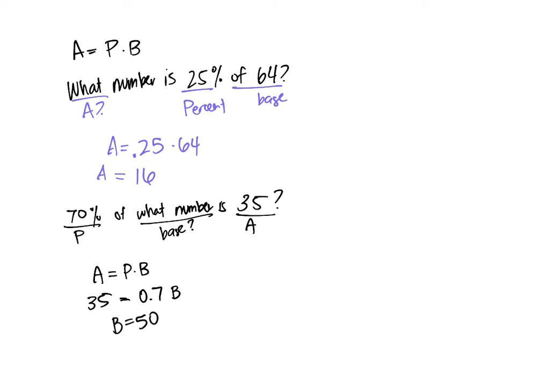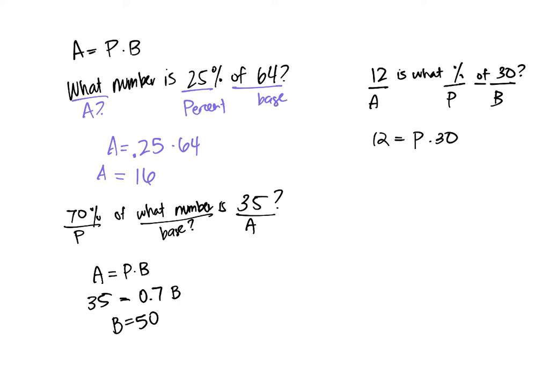And I'll write here on the side, the last one that's pretty similar to these. 12 is what percent of 30? So of course, what's unknown, it's saying what percent. So my percent is unknown, and this is what I'm looking for. Once I see that "of 30," I know 30 is my base, and 12 has to be our amount. A equals P times B. 12 is equal to percent times 30.